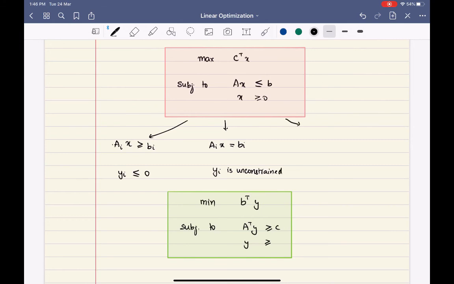Similarly, now if we had xj to be negative, then the corresponding constraint here, which will be A transpose jy, should be less than or equal to Cj.